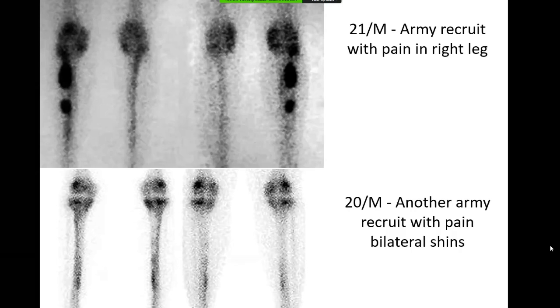However, it appears normal to me. So generalized diffuse uptake, as well as increased tracer uptake in both knee joints and ankle joints as well. So the second one, I'm not getting, sir.